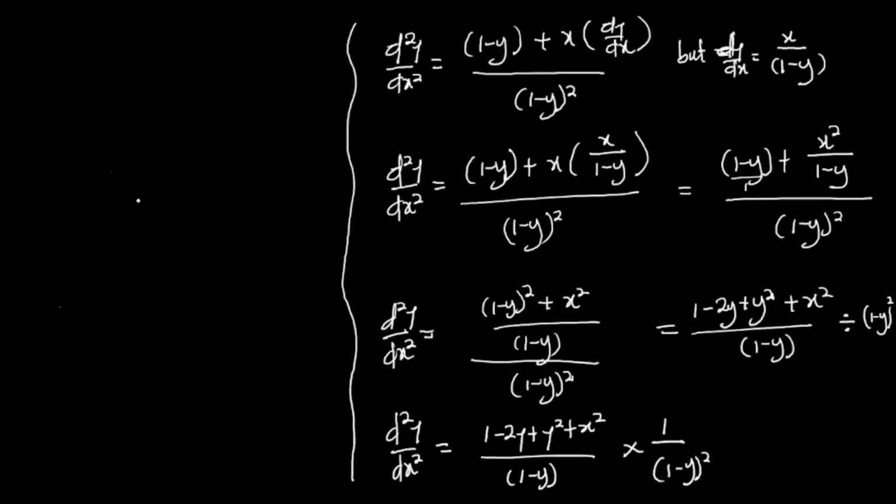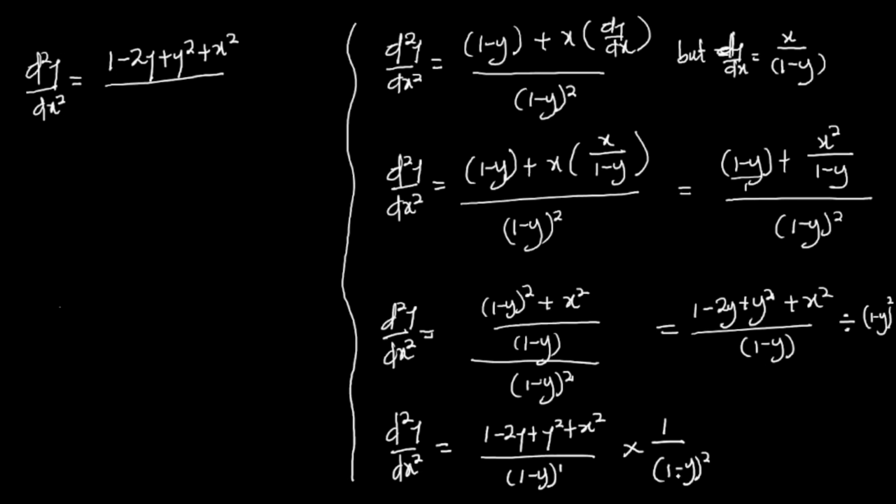So from here we have d squared y on ds squared to be equal to, all this we have at the top multiplied by 1 will still give us the same result. So we have 1 minus 2y plus y squared plus s squared all on the denominator multiplied by this, because the bases are the same and this one has a power of 2, this one has a power of 1.